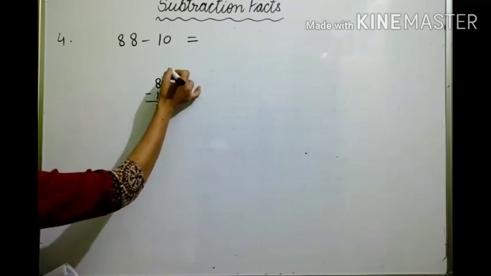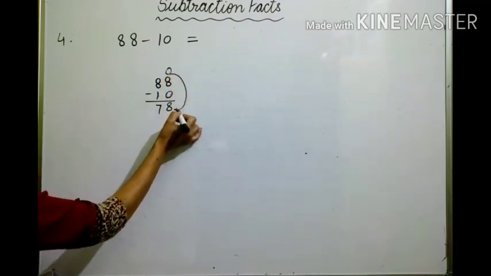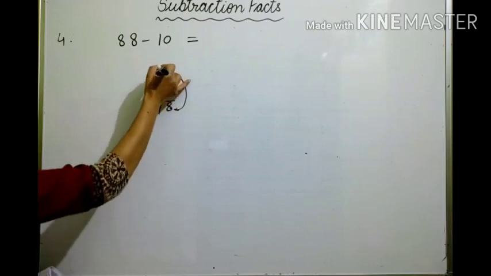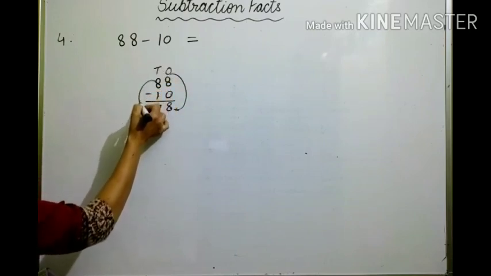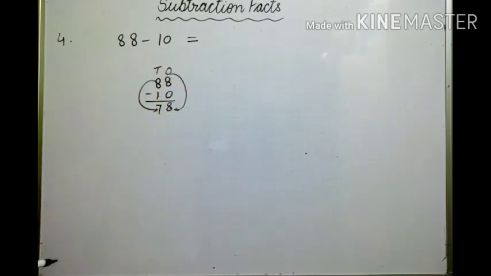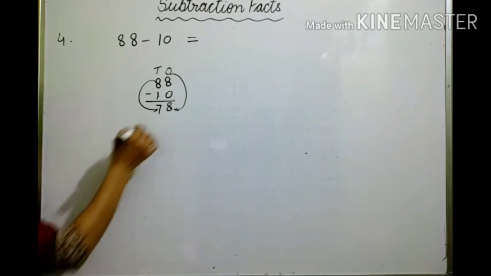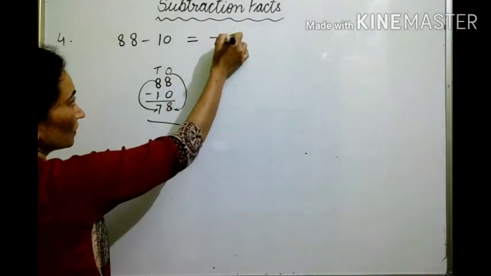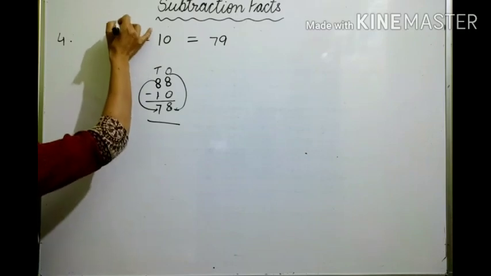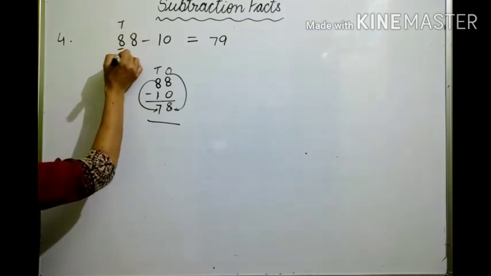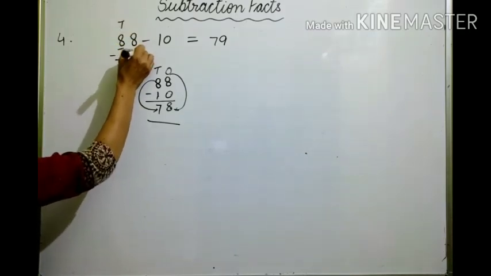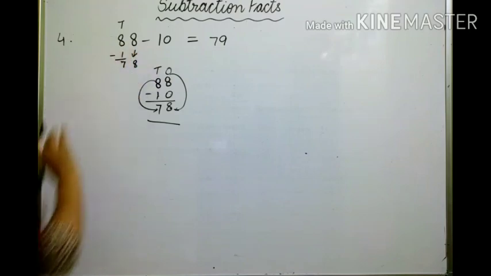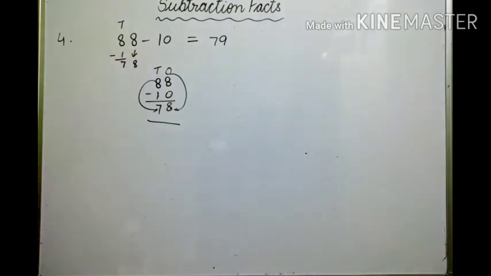So in the ones place the digit 8 has no change. In the tens place the digit 8 is decreased by 1. So what rule do we follow? If we subtract 10, then the tens place digit will be decreased by 1 and the ones place digit will remain the same.